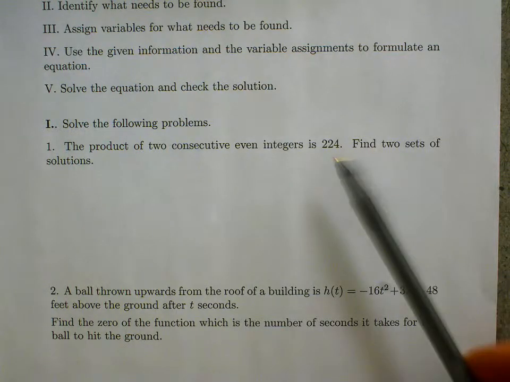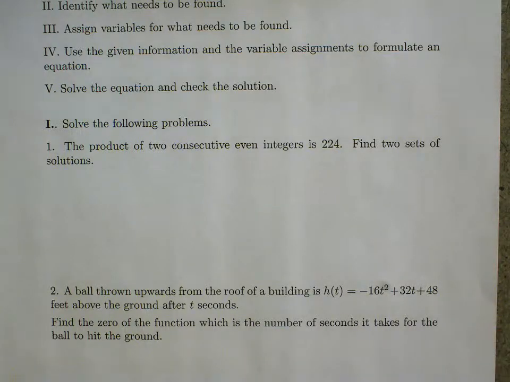Since the product is positive, the two integers could both be negative, because a negative times a negative is a positive. So negative 10 and negative 8, that's an example of a pair of consecutive even integers.